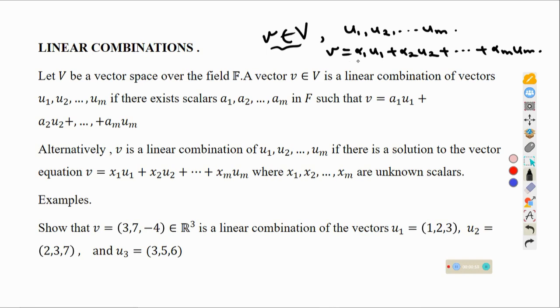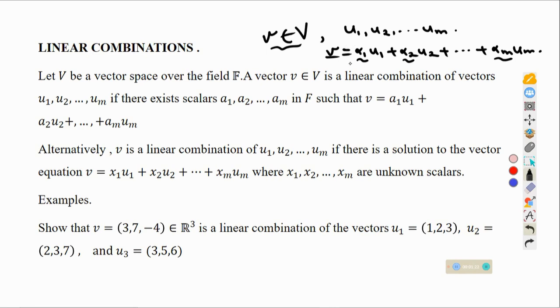So if there exist scalars alpha 1, alpha 2 up to alpha m, such that alpha 1 u1 plus alpha 2 u2 up to alpha m um equals v, then we shall say that v is a linear combination of the vectors u1, u2 up to um.